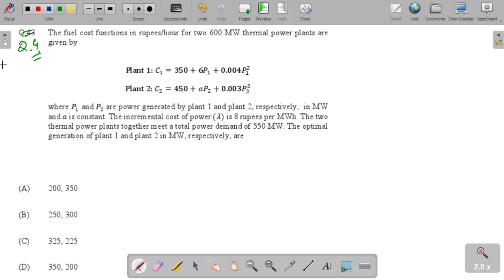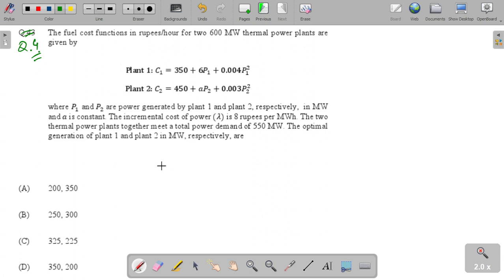C2 is 450 + A P2 + 0.003 P2 का whole square, where P1 and P2 are the power generated by plant 1 and 2 respectively in megawatt and A is constant. The incremental cost of power lambda is 8 rupees per megawatt hour. The two thermal power plant together meets a total power demand of 550 megawatt. The optimal generation of plant 1 and plant 2 in megawatt respectively are.